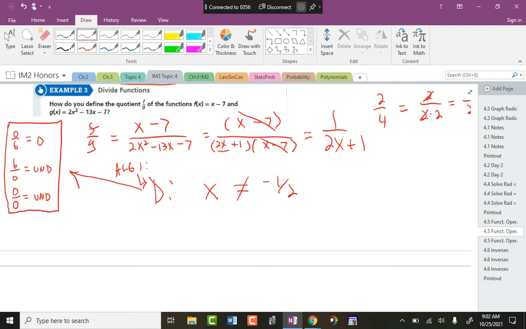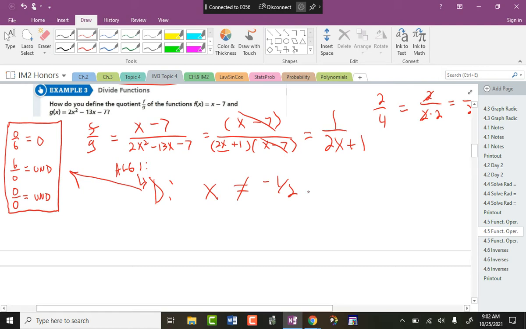But then I have another question. Look over here to the left. What is 0 divided by 0 still? Undefined. Because now, when I factored and canceled, you still cannot plug in 7 into the original. Because if I plug in 7, I get 0 over 0, which is undefined.